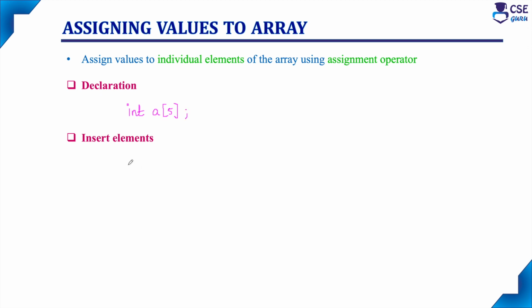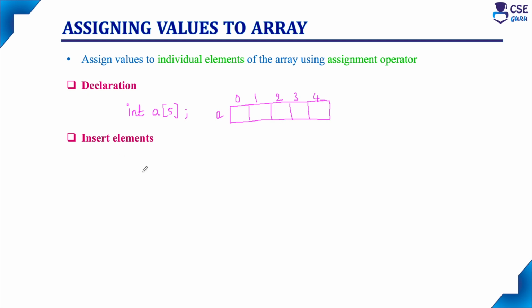Once we have declared the array, automatically the size of the array, that is the memory location, will be allocated. So the array name is A, with 0th location, first location, second, third, and fourth. That is 0 to n minus 1. So declaration only reserves the memory space. It will not assign values to the memory. It will allocate only the memory space.